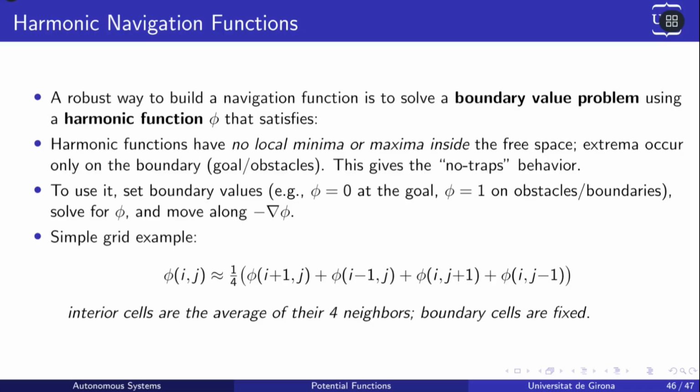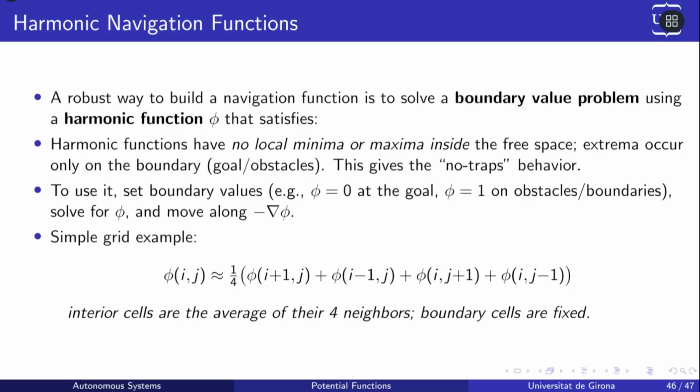The function has value 0 at the goal configuration, and value 1 at an obstacle or boundary. In the middle, we just do a kind of smoothing over all the neighbors.